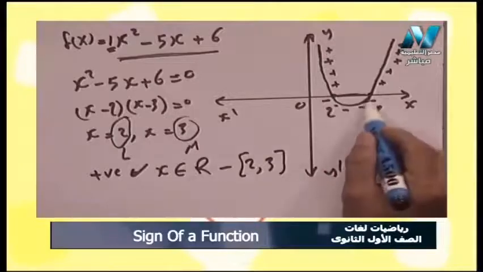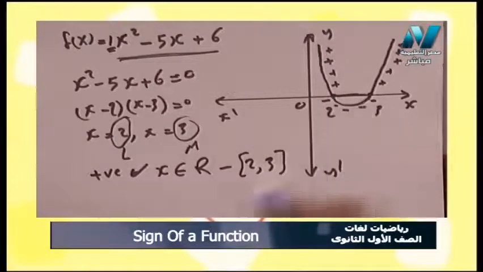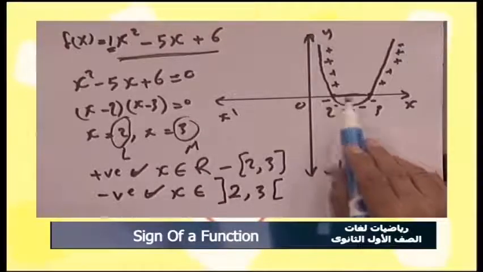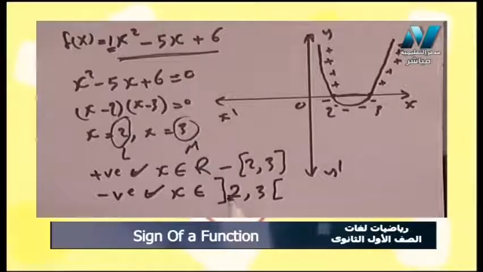And where it will be negative, the function will be negative for all x belongs to after 2 and before 3 directly. Yes, concentrate that it's negative here after 2 and before 3 directly. So 2 here is open and 3 here is open, because at x equal 2 and 3 the function will be 0.